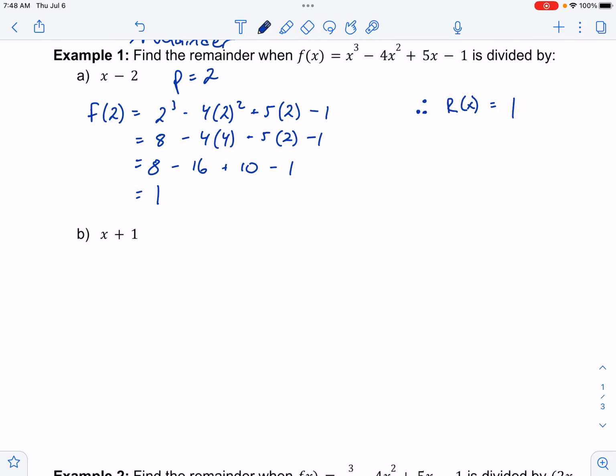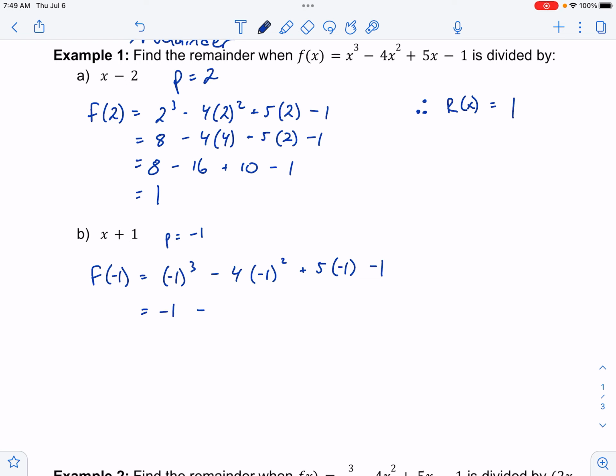Here, my p-value is equal to negative 1. It's the opposite of the sign of the divisor. So I sub it in. F of negative 1 will be negative 1 cubed minus 4 times negative 1 squared plus 5 times negative 1 minus 1. Do that multiplication. Negative 1 cubed is negative 1.